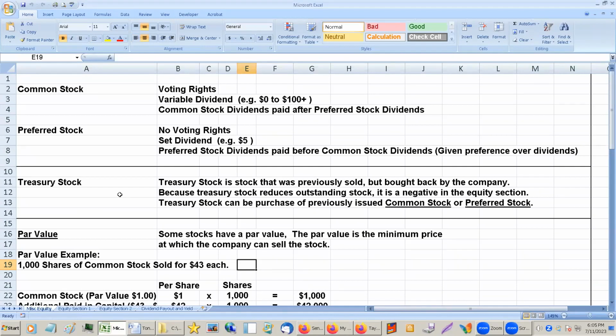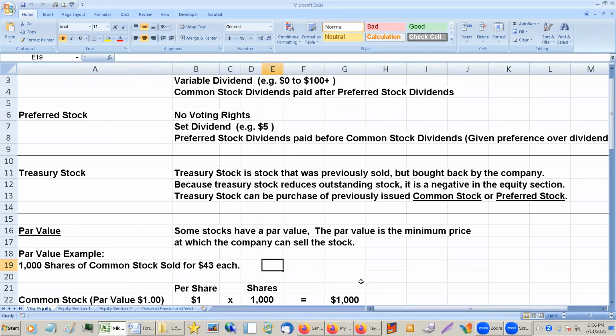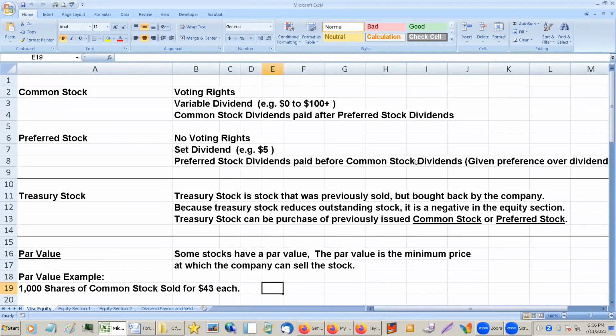Okay, these are just going to be some of the basics of the equity section. This is sort of like what you might find in a business class when they introduce you to a corporation, how they work. Common stock is the most usual kind of stock that you're going to find.